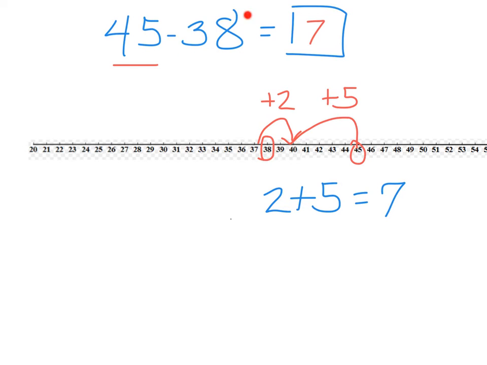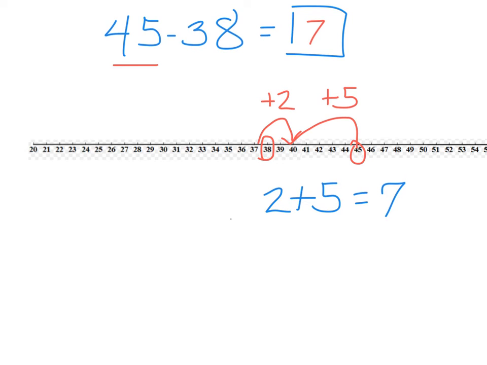Again, we started with 38. To get to 40 was 2 spaces. And then to get from 40 to 45 was another 5 spaces. So how many spaces did we count up in all? 2 plus 5 gives us 7.